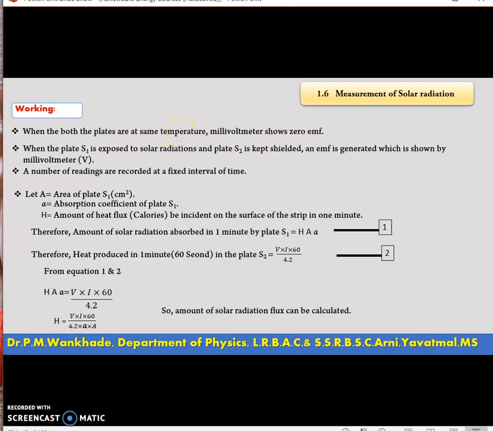Therefore, equating equation 1 and 2 for the same amount of time, 1 minute, S1 received H into A into alpha amount of solar radiation, while the heat produced in S2 is equal to V into I into 60 upon 4.2. From equation 1 and 2, H into A into alpha equals V into I into 60 upon 4.2.